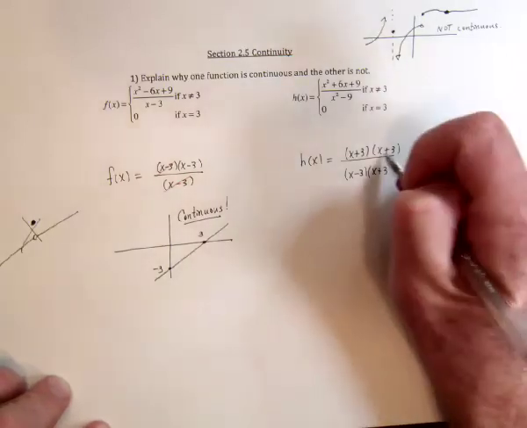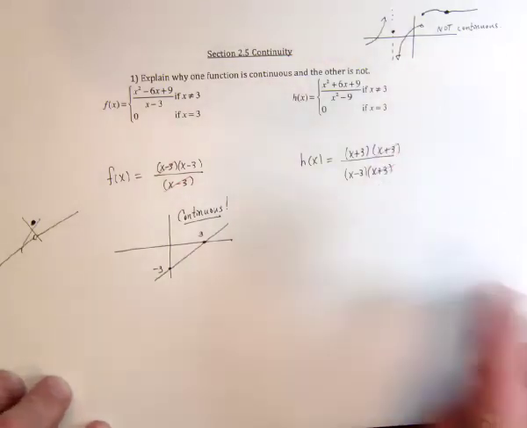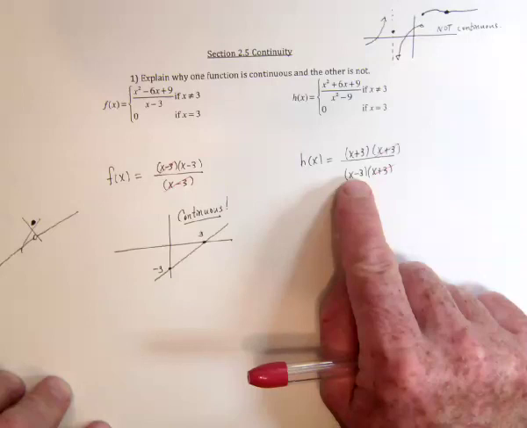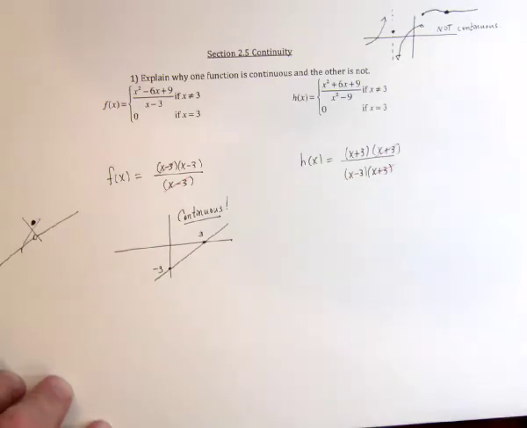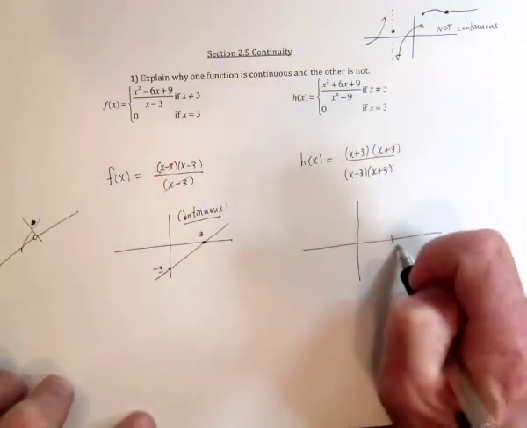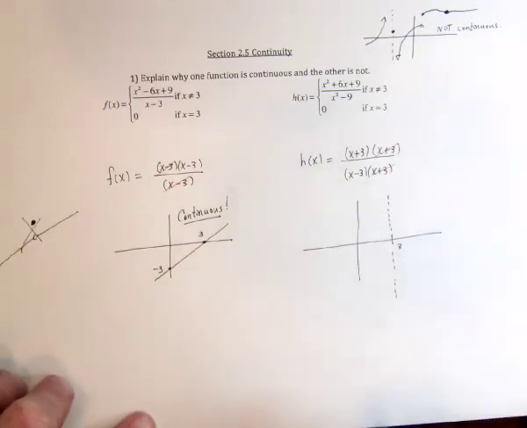So we can do canceling, but the x minus 3 is still in the denominator, which means that it's still going to be undefined when you use x equals 3. And that means it's got an asymptote at x equals 3. We weren't able to remove that asymptote.